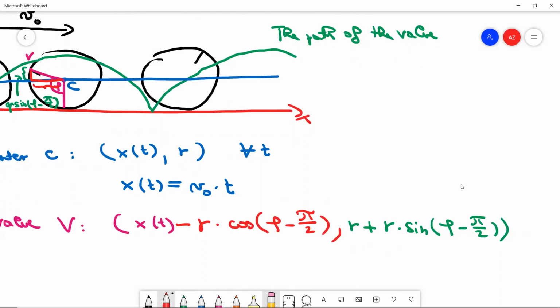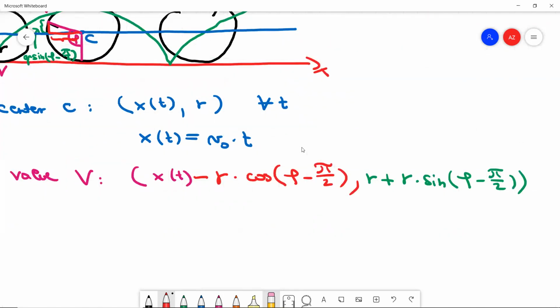And now, x of t is v naught times t. We can connect this with the angle, in fact. What is v naught?